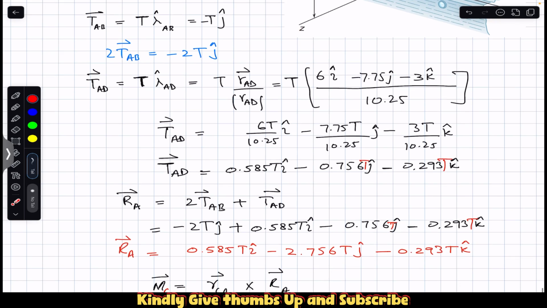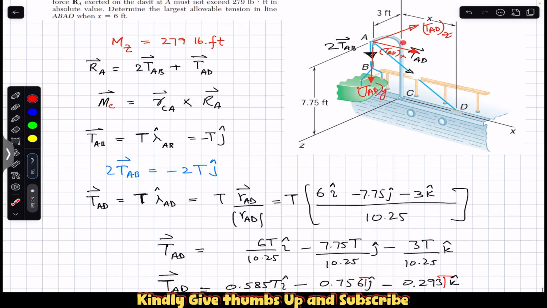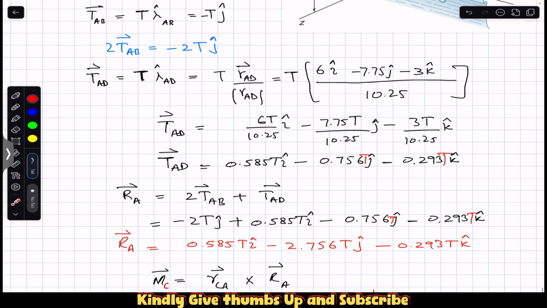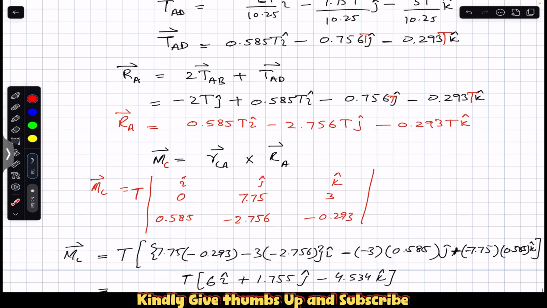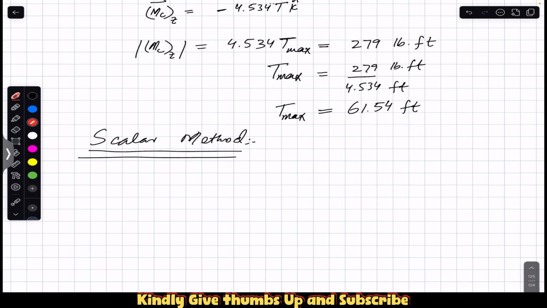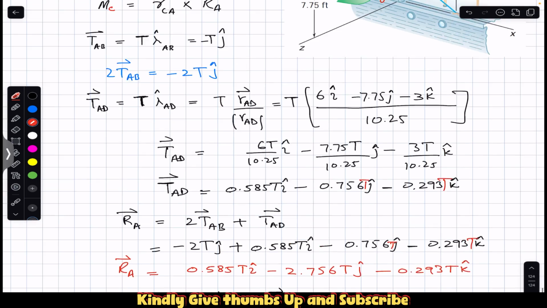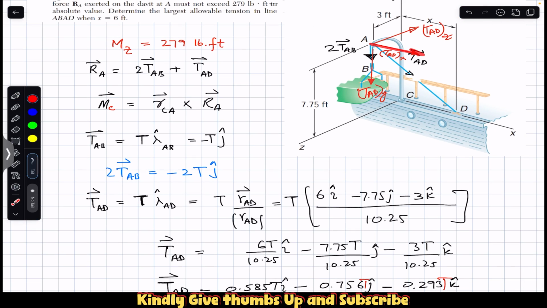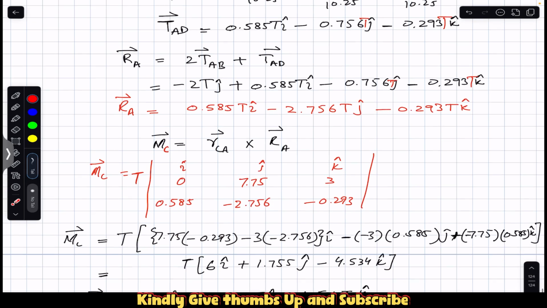Now T_ADx has a magnitude of 0.585 T. The moment arm of T_ADx from the z-axis is the perpendicular distance, and this perpendicular distance of T_ADx from the z-axis is 7.75 feet.